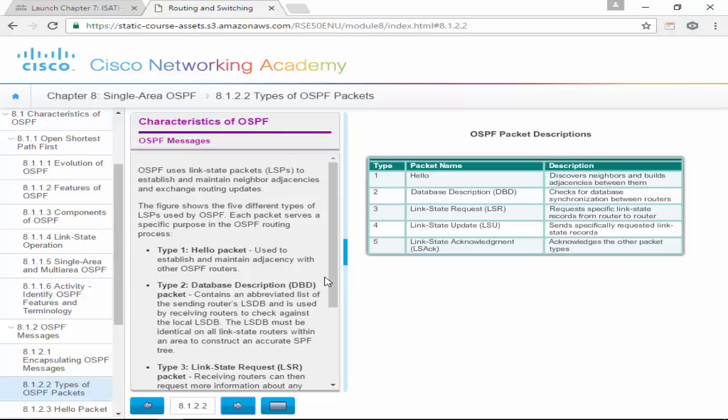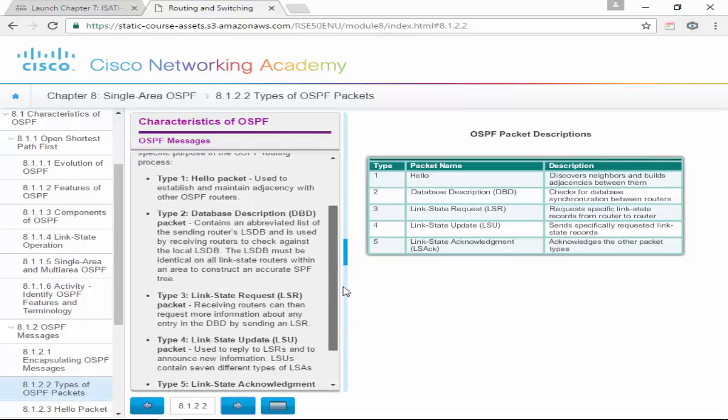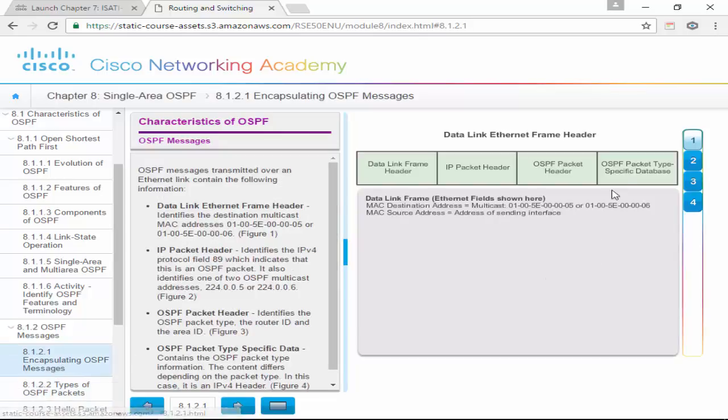Now these are the link state packets, forming adjacencies and passing routing information. So first, to form our adjacency, we use these hellos. So the type 1 being sent back here would be a type 1.